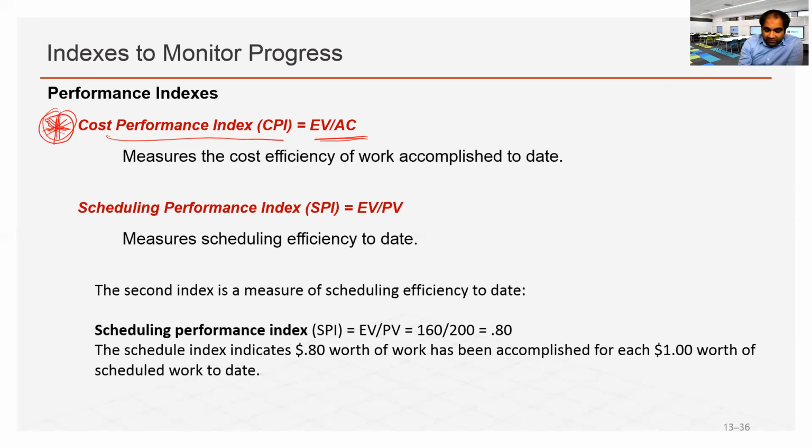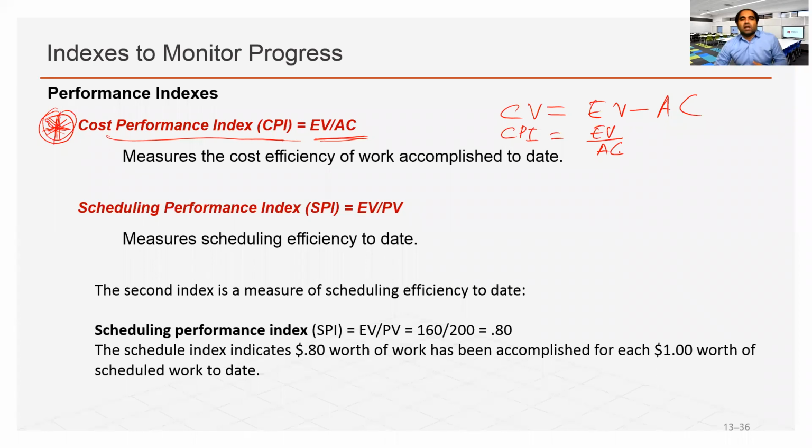What is CV? CV, for cost variance, is EV minus AC. What is CPI? EV divided by AC. So what is the cost efficiency of work accomplished to date?